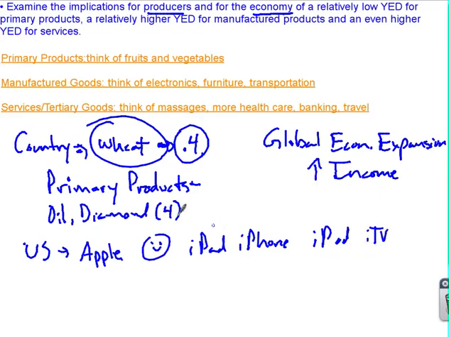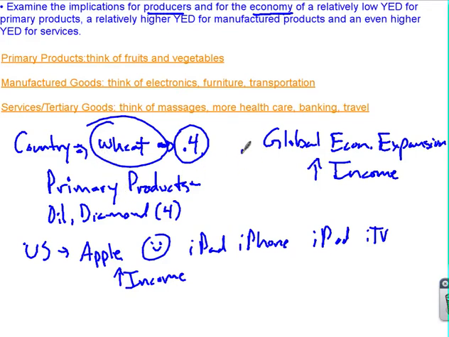Well, maybe not yet, but anyway, they have these manufactured goods and electronics, and so the income elasticity for Apple products would definitely be pretty high. And so if there's any increase in income, they're going to see a big increase in their sales and the quantity demanded.